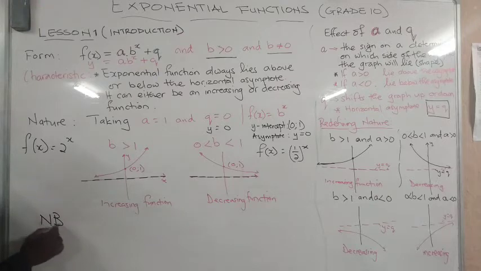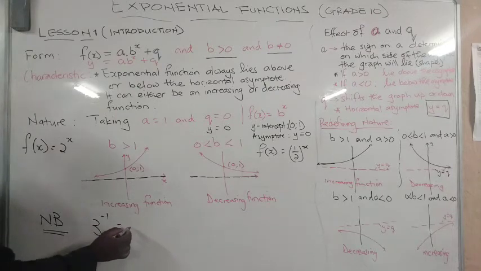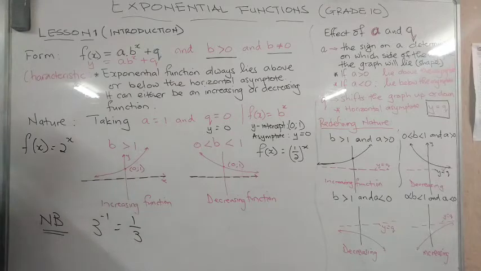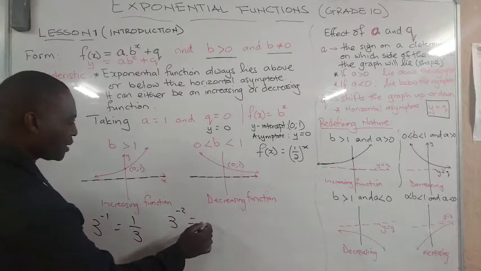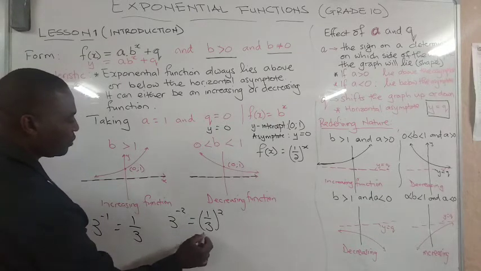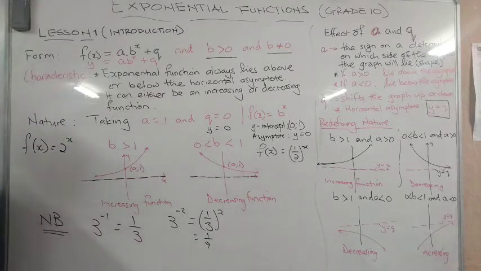We know that 3 to the power negative 1 can be written as 1 over 3. We also know that 3 to the power negative 2, we can write it as 1 over 3 to the power 2, which simplifies to 1 over 9.